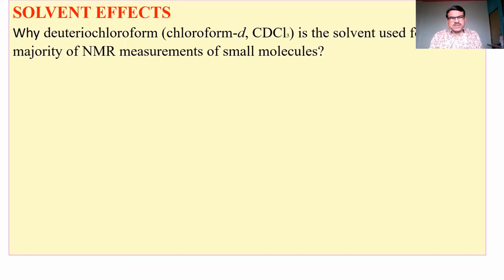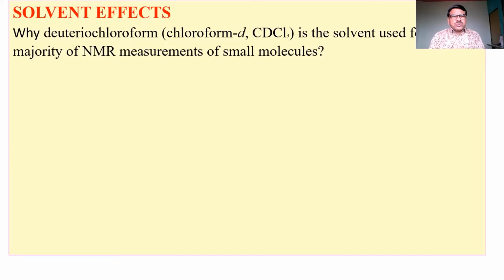Deuterated solvent means that instead of using CHCl3, the chloroform, which contains hydrogen, definitely the hydrogen interferes during taking the NMR spectra of an organic compound and makes some problem.